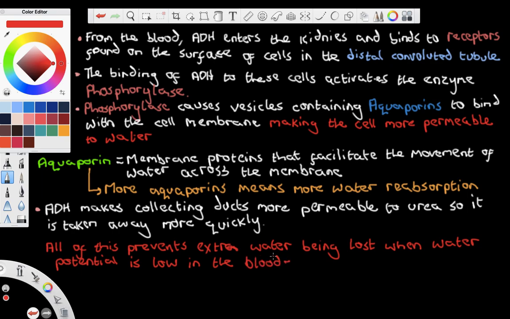Dash, it does not increase it. It does not increase water levels.